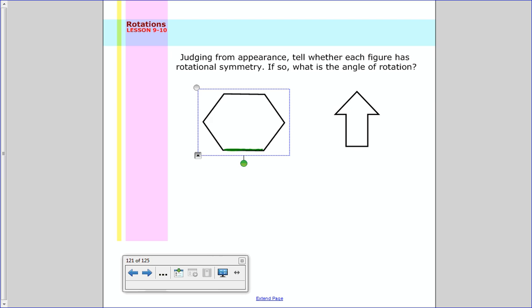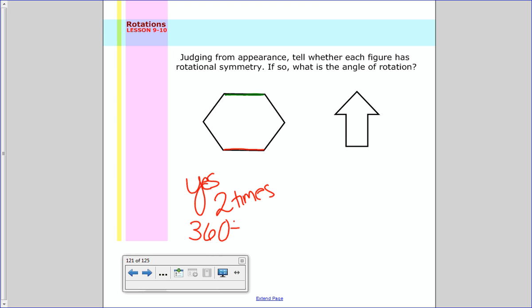Ah, but there it does. And it does not there again. So yes, it does have rotational symmetry. And there were 2 times that it happened. So, here and when you were there. So 360 divided by 2 is 180 degrees. So the rotational symmetry on this one is 180 degrees.